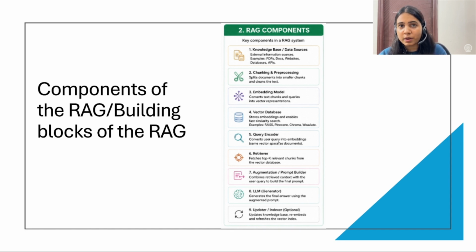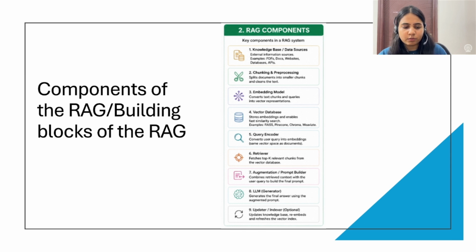This query is converted into a vector and compared against the stored document vectors. As mentioned here, it converts the user's query into embeddings in the same vector space as the documents.